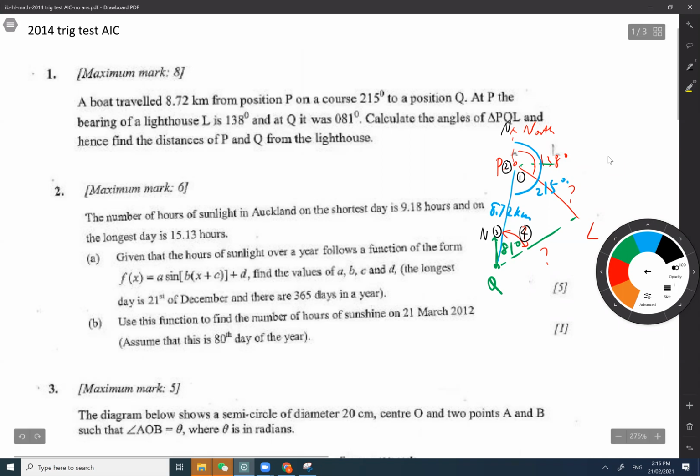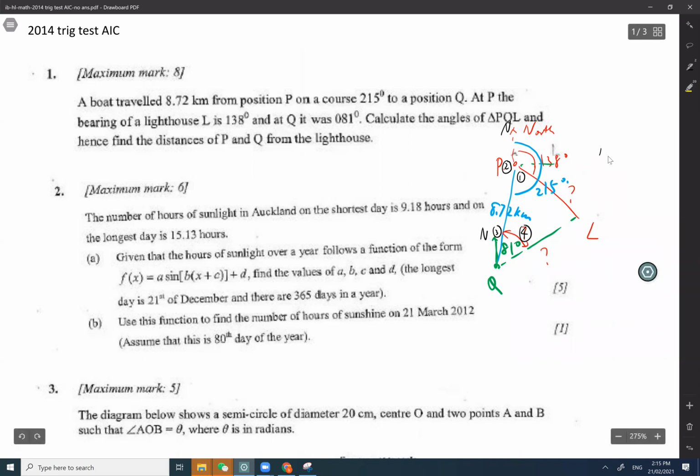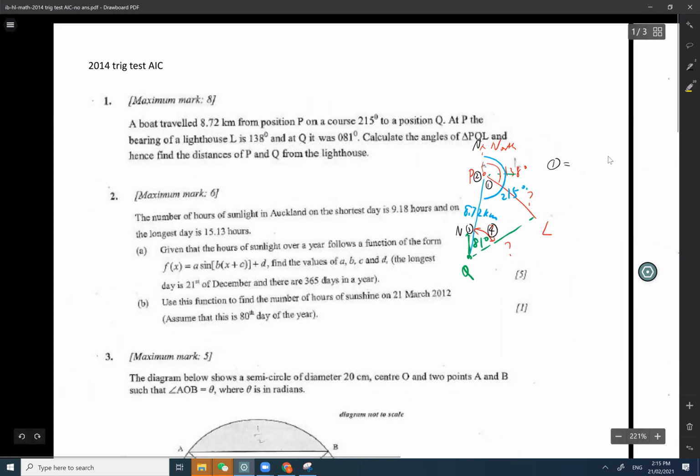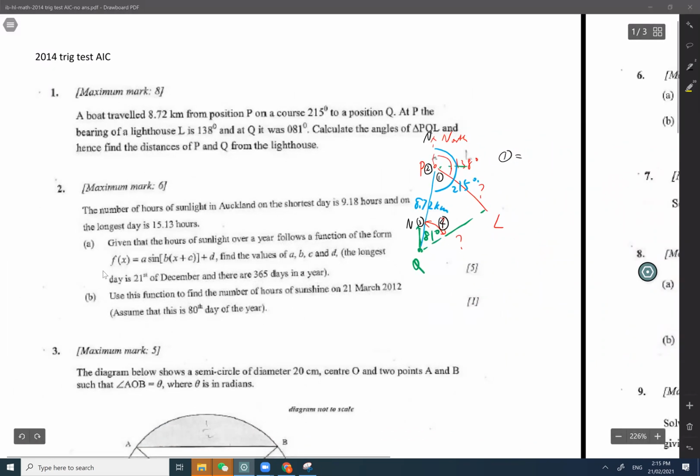So that's why, number 1, the working on. If you finish, you check other part for other questions. Number 1 just equals 215 minus 138. Number 2 just equals 360 minus 215. Number 3 just equals 180 minus number 2.